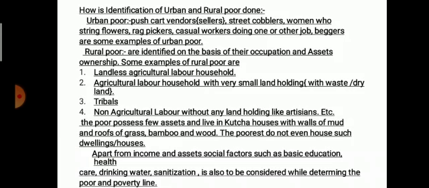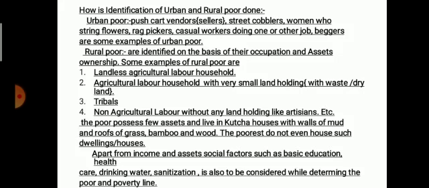The poorest do not even have a house. Apart from income and assets, social factors such as basic education, health care, drinking water and sanitation are also to be considered while determining the poor and the poverty line.